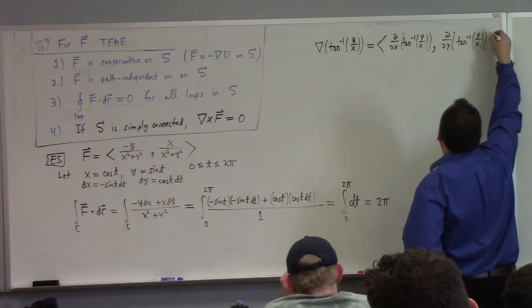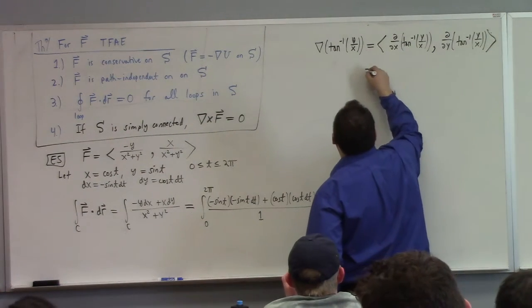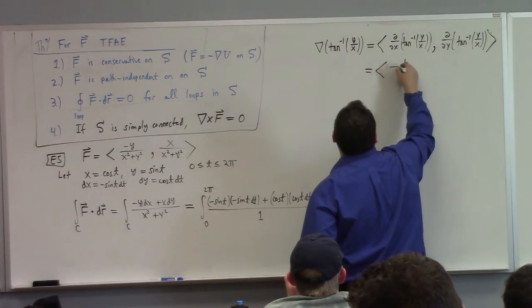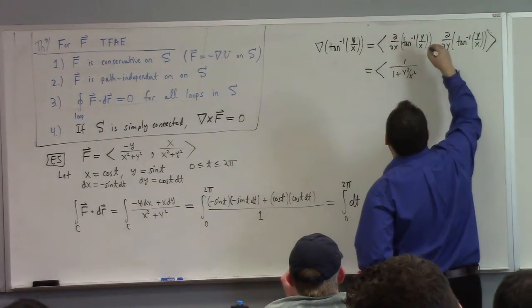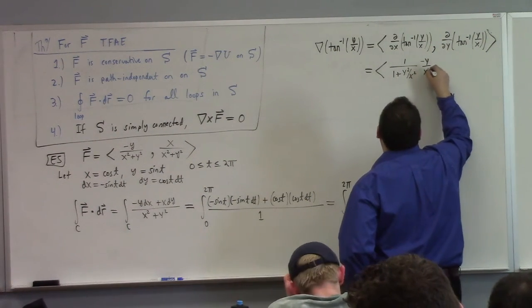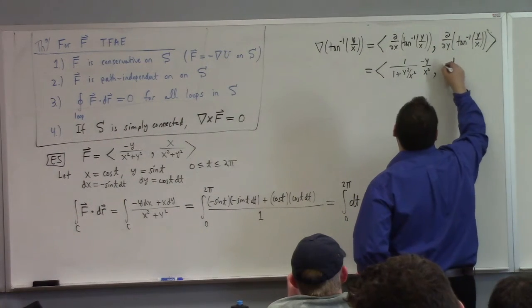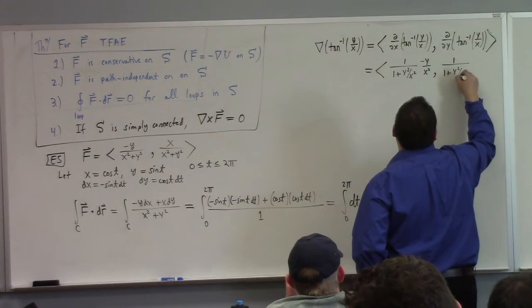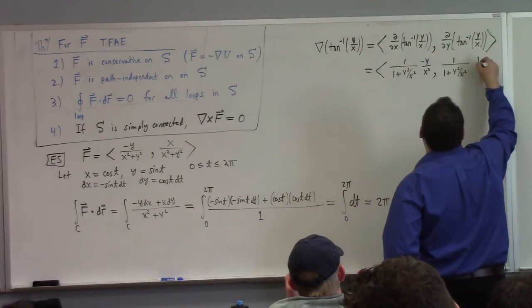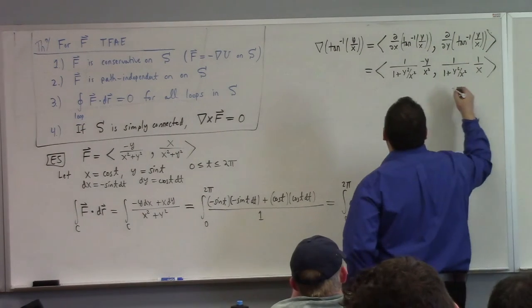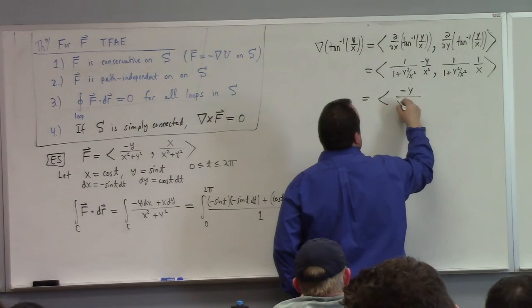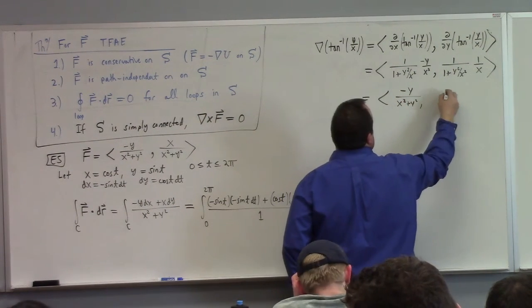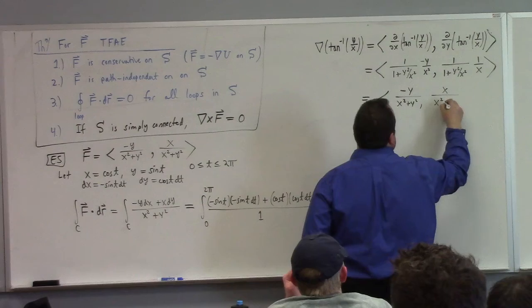I know you do. You're in the middle of calculus too. So that's 1 over 1 plus y squared over x squared. Chain rule, so minus y over x squared, comma, 1 over 1 plus y squared over x squared, chain rule, 1 over x. Clean it up. You've got minus y over x squared plus y squared, x over x squared plus y squared.